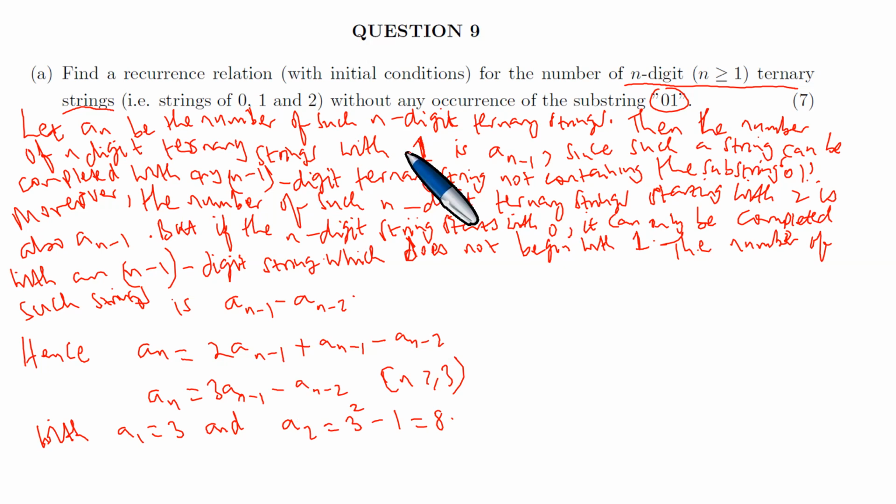Right? So the number of the ternary strings with 1 is a_{n-1}. And then now we have the number starting with 2: the number of ternary strings with 2 is a_{n-1}. So there's a_{n-1} for the strings that start with 1, and there are those strings that start with 2.